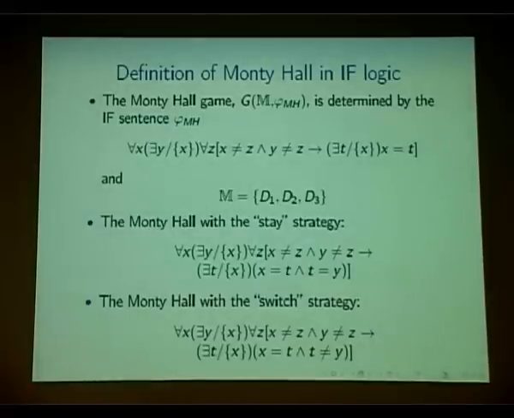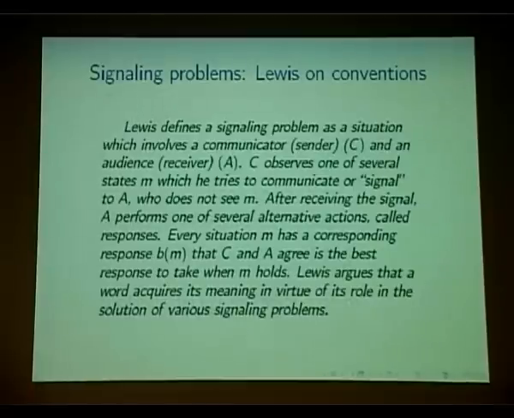And her choice T has to identify X, the door with the prize. Can she do it? So we can explicitly express things like the stay strategy or the switch strategy, and so on. That's for the investigation.